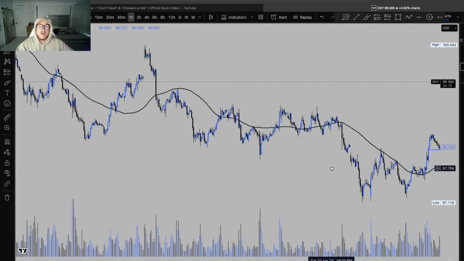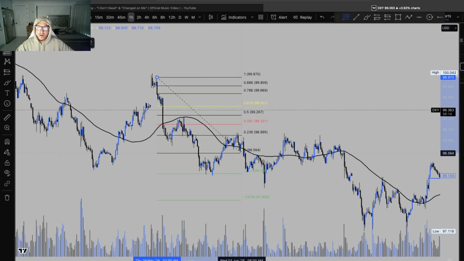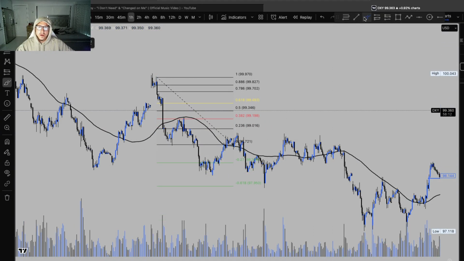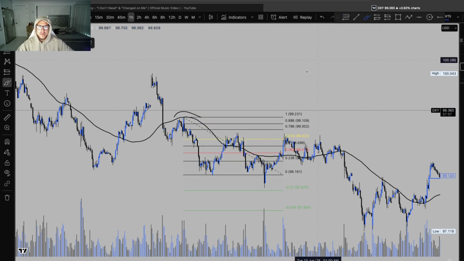Now here, you'll see the real higher lows. Pull it here, see? Here you'll see the real lower highs. After that, full fibs, is what I'm using, the Fibonacci.